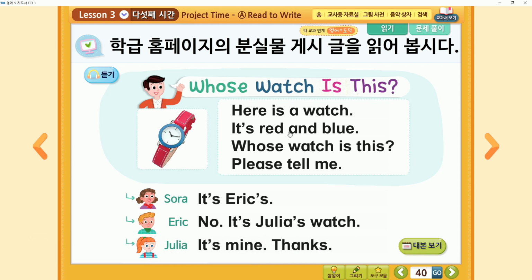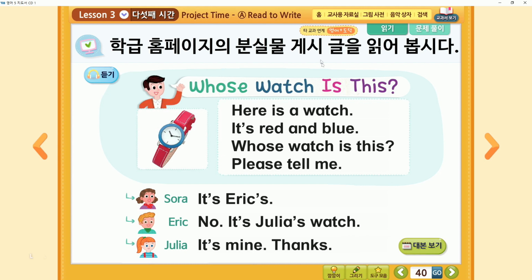It's red and blue. Whose watch is this? Please tell me. Sora says it's Eric's. But Eric says no, it's Julia's watch. And Julia says it's mine.